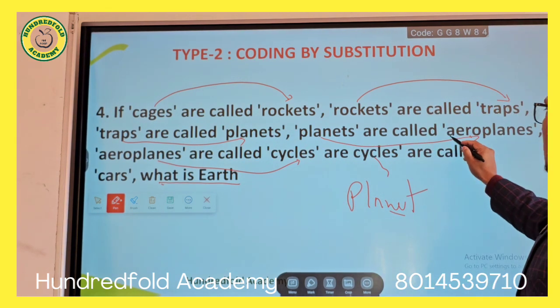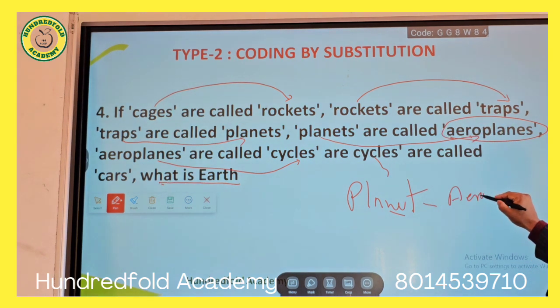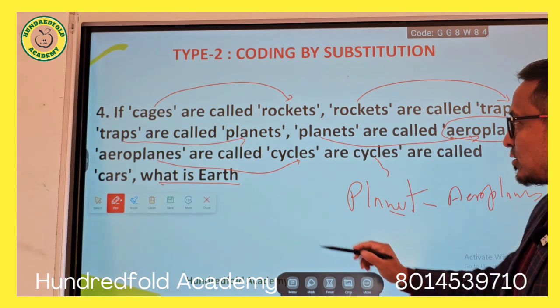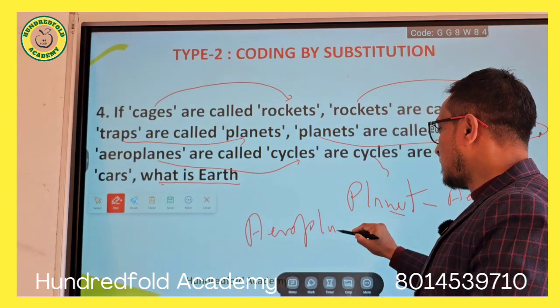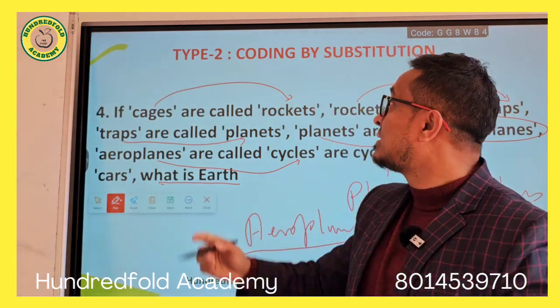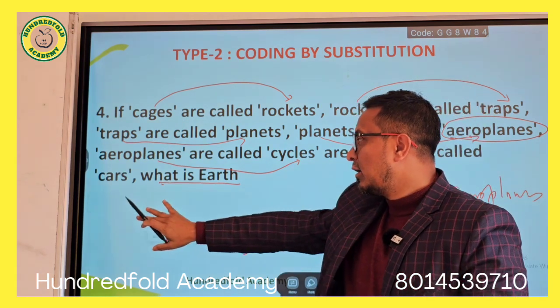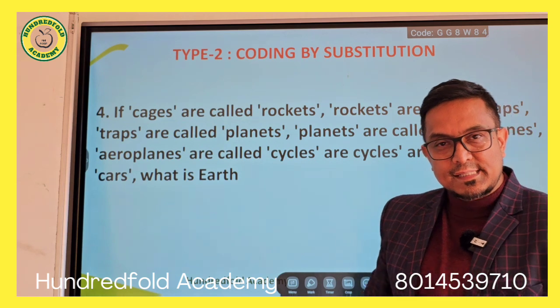Planets are called aeroplanes. So what is Earth? Earth is aeroplane. So your answer is aeroplane. So this is coding by substitution. So sometimes you may get coding by substitution. All right. So this is the second type of coding.